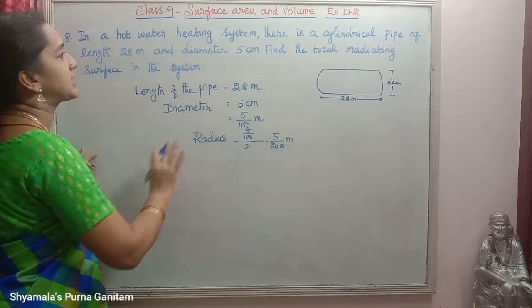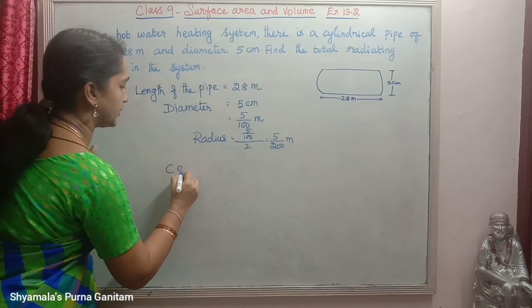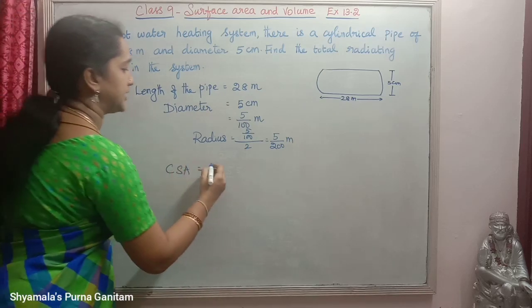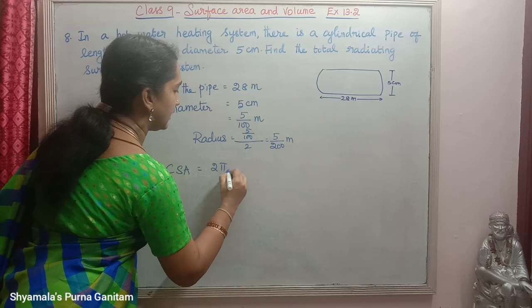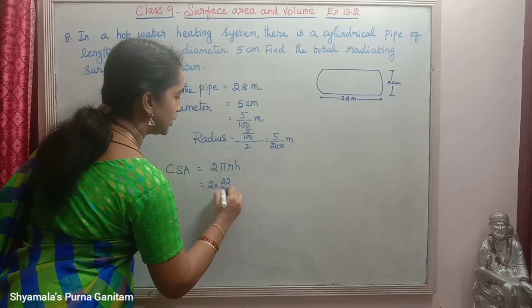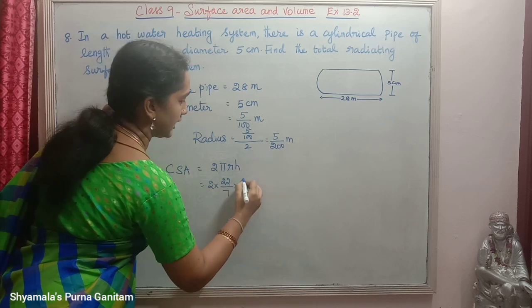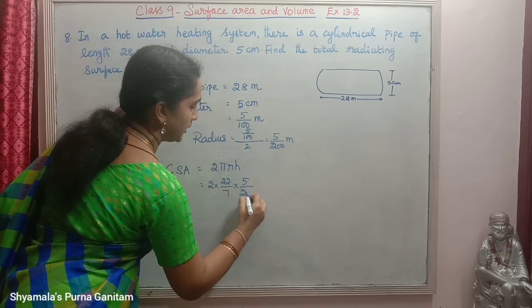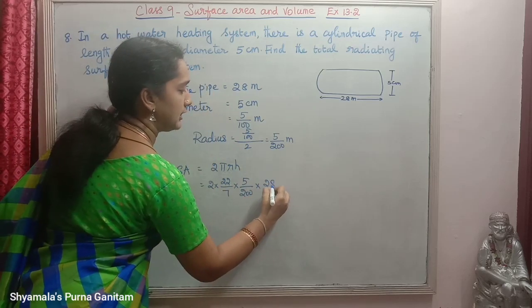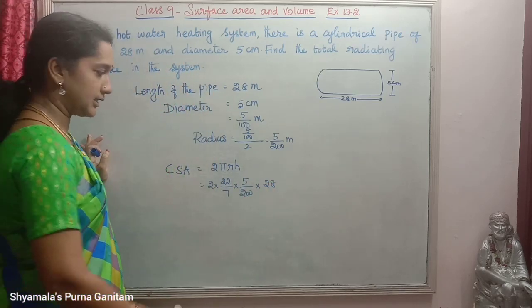Now we will substitute this in the curved surface area. The curved surface area will be 2 pi RH. So this is equal to 2 into 22 by 7 into radius 5 by 200 into height. Height is nothing but the length, that is 28.